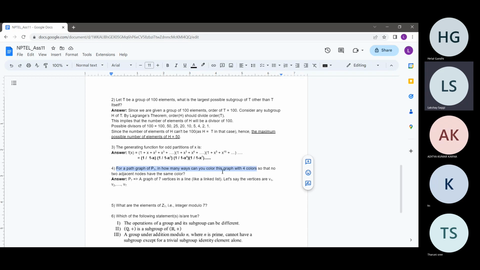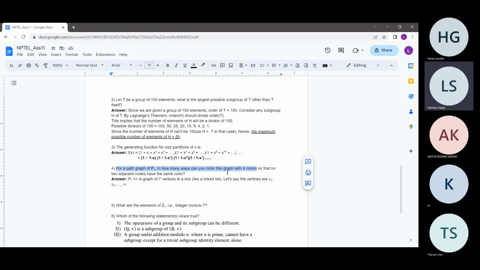So if this was the only question, the answer would be pretty easy, guys. The answer would be 4 to the power 7, right? Because there is no restriction for any vertex. Every vertex has a choice between 4 colors, and there are 7 vertices. So V1 has 4 choices, V2 has 4 choices, V3 has 4 choices, and so on. So the answer will be 4 to the power 7.